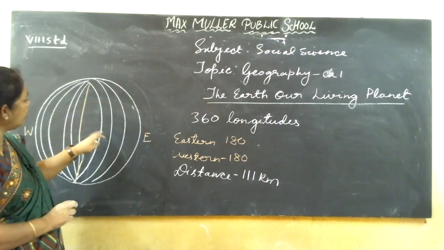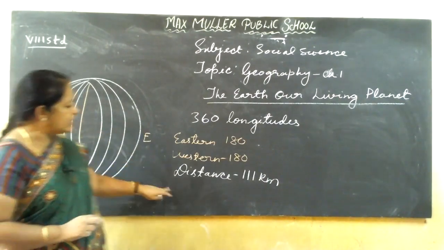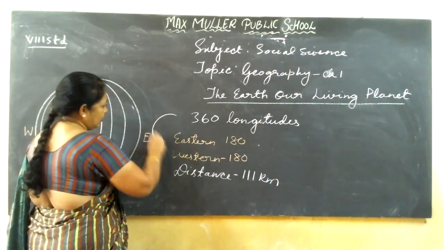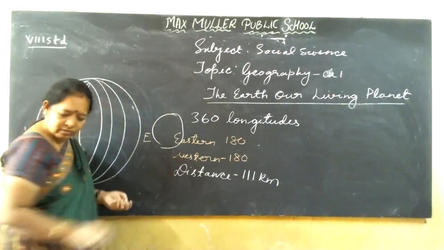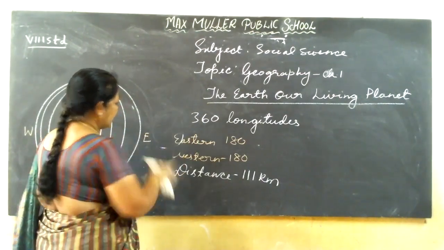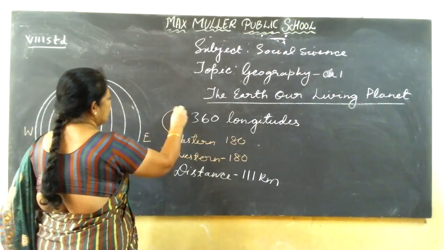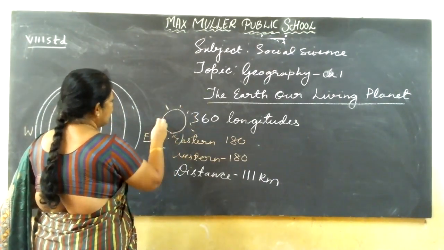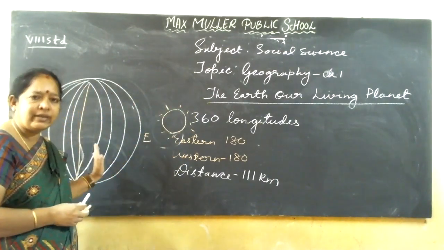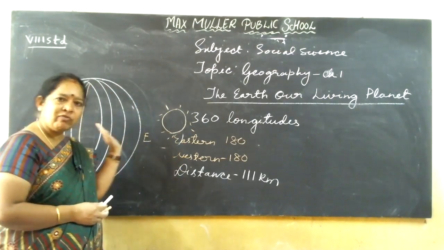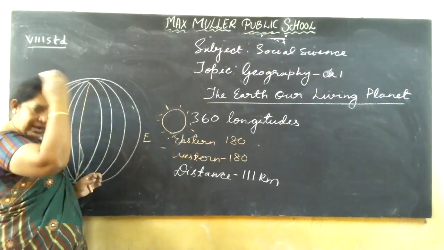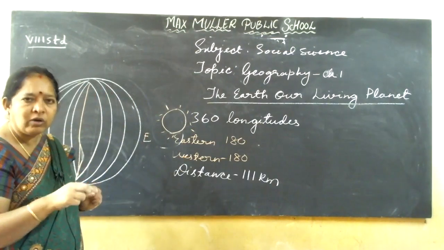So from one longitude to the other one, the distance is 111 kilometers, and to face the sun, these rays will fall on the longitude straight, that is, vertically the rays will fall. So whichever longitude comes straight, when the sun is straight overhead, that will be 12 o'clock noon.